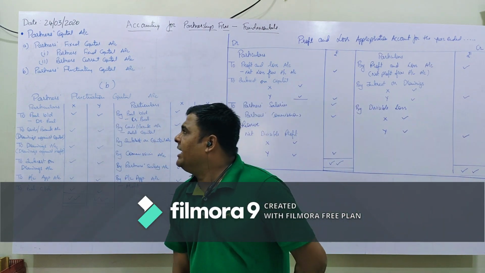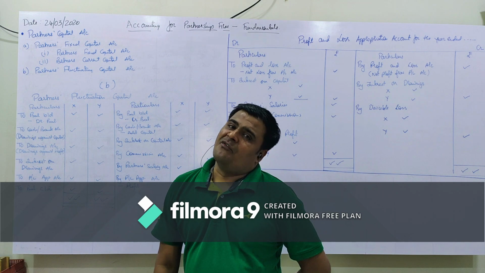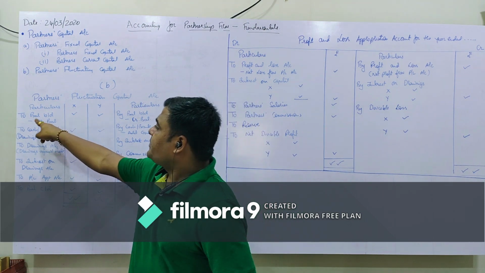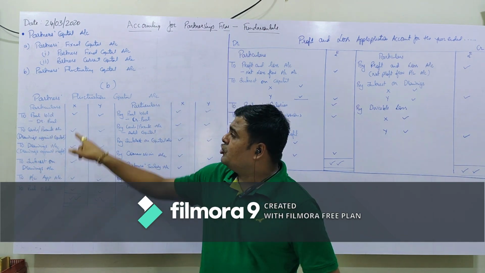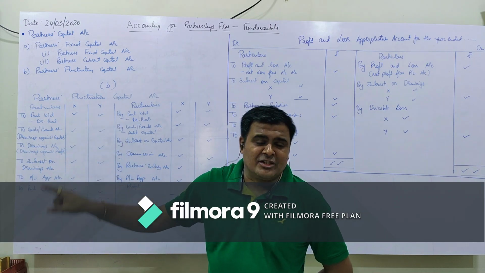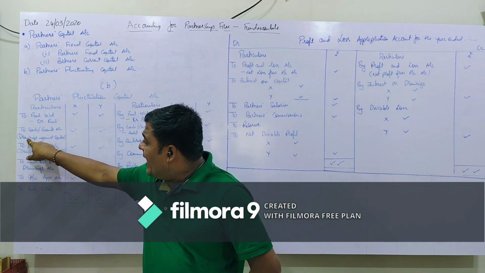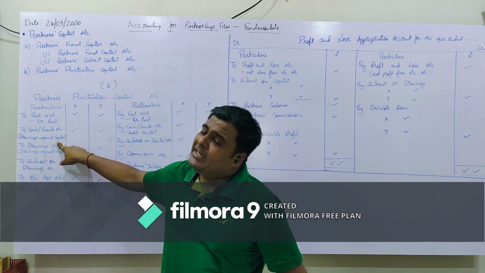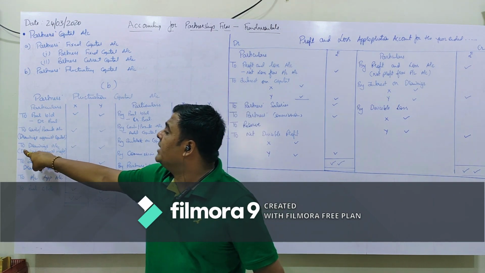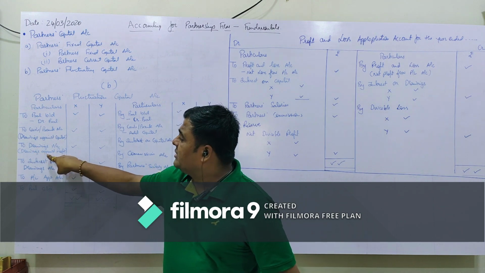Let us see the items debited in the partner's fluctuating capital account. The first one is the debit balance, that is "To balance brought down", the debit balance of the partner's capital account. The other one is cash or bank, drawings against capital. It is not the normal drawings. The other one is "To drawings against profit".